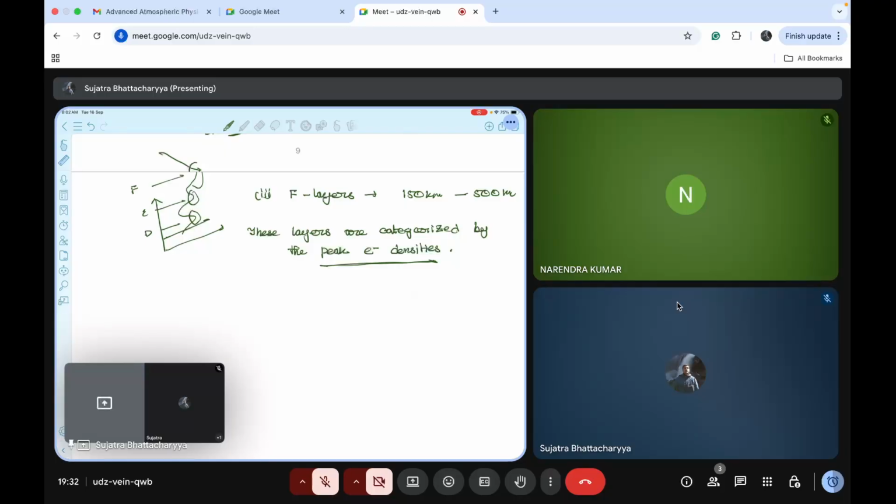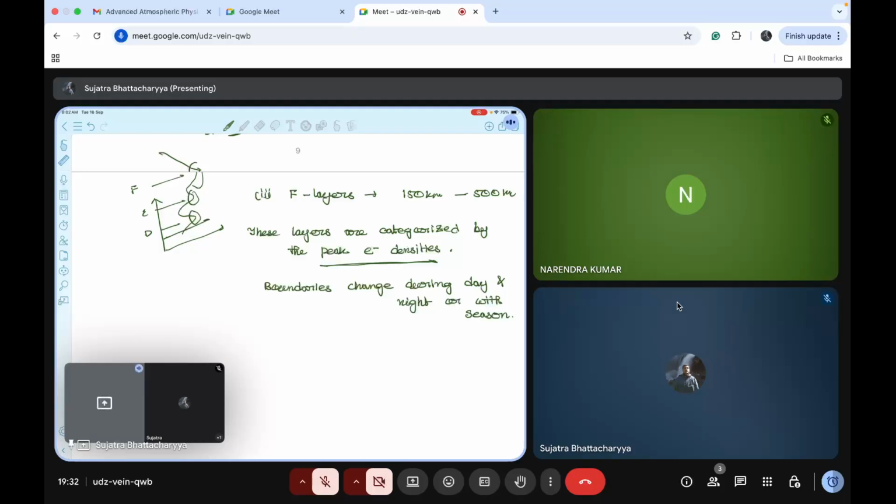Okay, what else can we see? These boundaries change during day and night. We will see all these things in the next session, day and night, or with season also. A very simple thing, just to let you know: during the daytime, the solar radiation is there, with different wavelengths or frequencies, whatever you want to say.